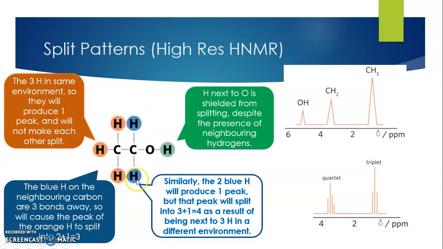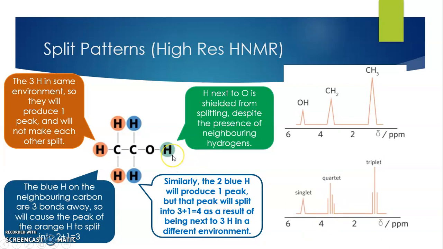So these two blue hydrogens will not cause the green hydrogen to split, nor will this green hydrogen cause the blue hydrogens to split. As a result, these two blue hydrogens are only affected by the 3 orange ones and split into a quartet, and the green hydrogens will only produce a singlet.